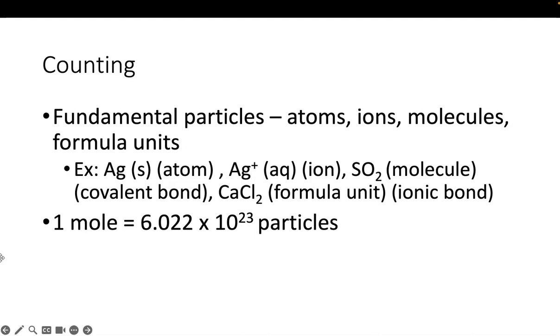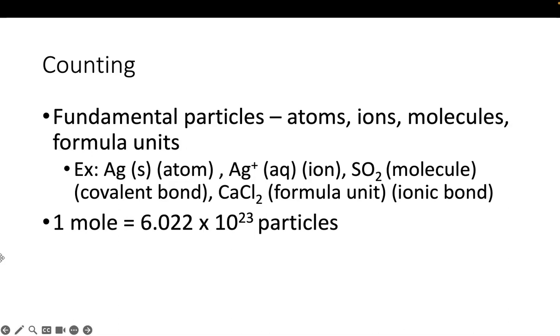Particles is a kind of catch-all term. It could mean atoms, ions, molecules, or formula units. And down here we have some examples. An atom would be something like silver, iron, copper, lithium, anything that you can find on the periodic table. You can have an ion, which is an atom from the periodic table with a charge.